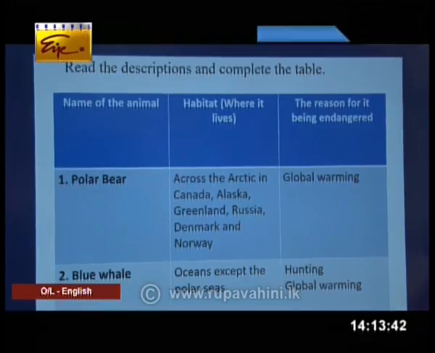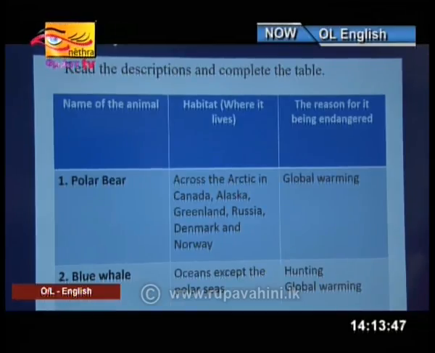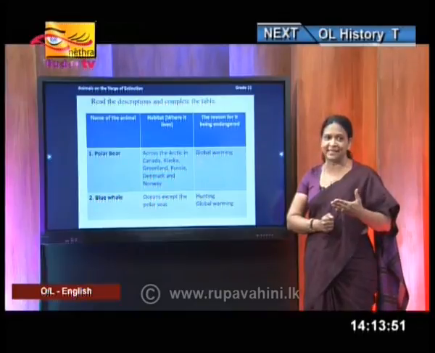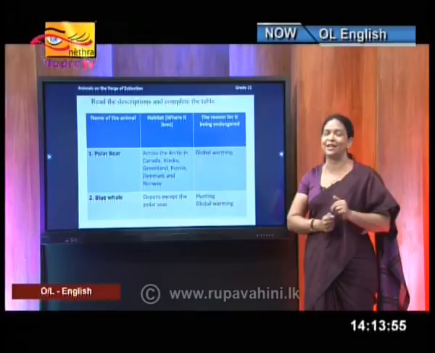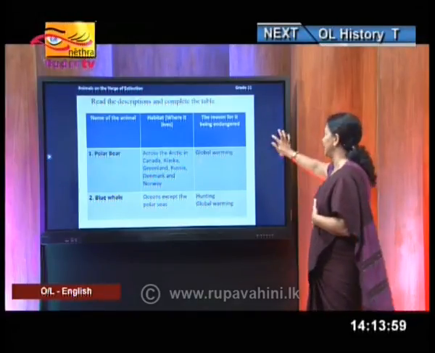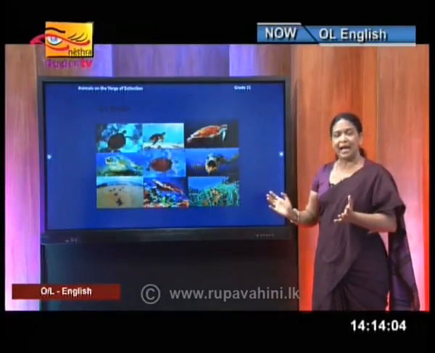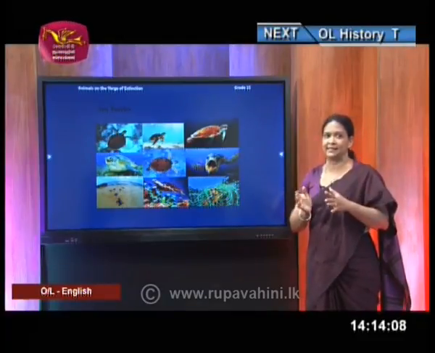Okay children, now we are moving on to a new activity, activity 3. Once again, let me remind you of what we are practicing. We are practicing how to extract specific information from a simple text. So this is activity 3. Now in this activity actually we are going to read about turtles, sea turtles.